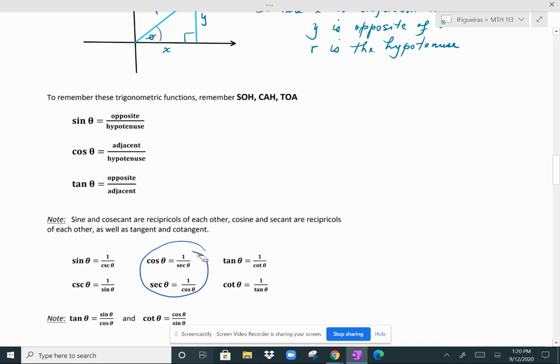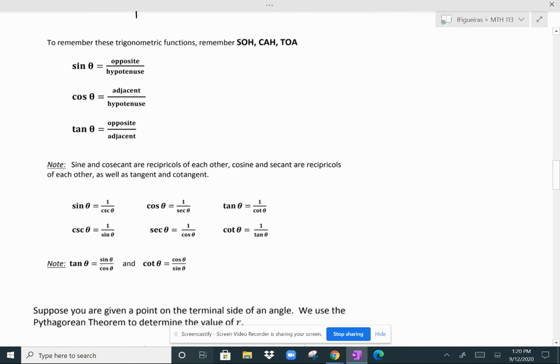And then the last reciprocal relationship is tangent of theta is the reciprocal of cotangent, and therefore cotangent of theta is the reciprocal of tangent. But there is an additional relationship for tangent. Tangent is sine of theta divided by cosine of theta. And since tangent and cotangent are reciprocals, cotangent is equal to the reciprocal of this fraction, which is cosine of theta over sine of theta.